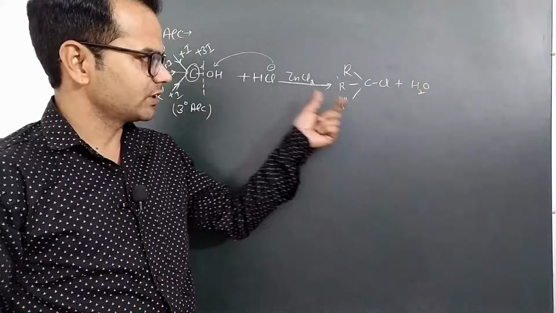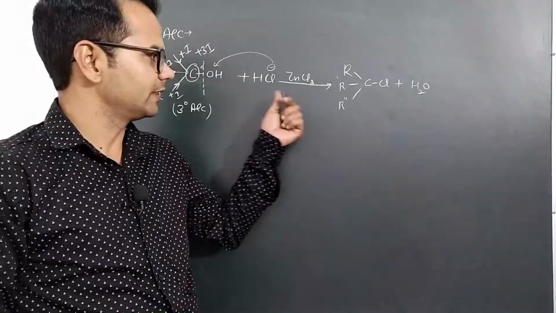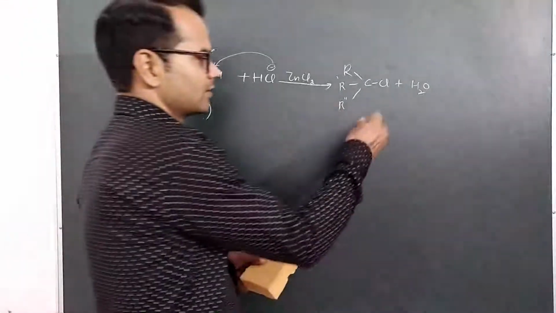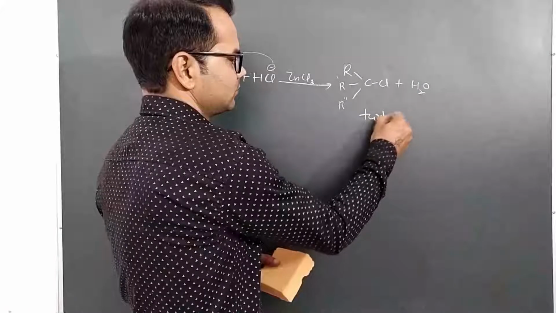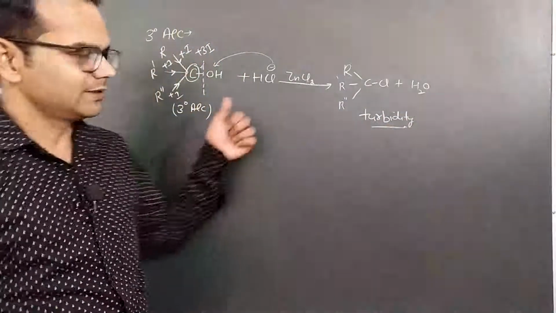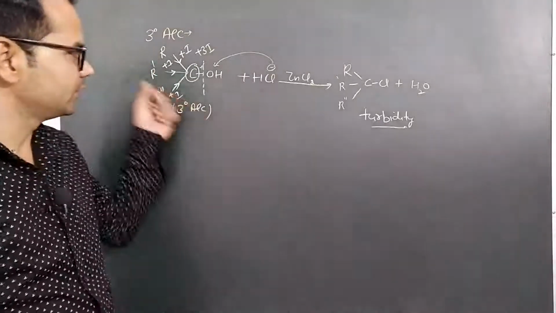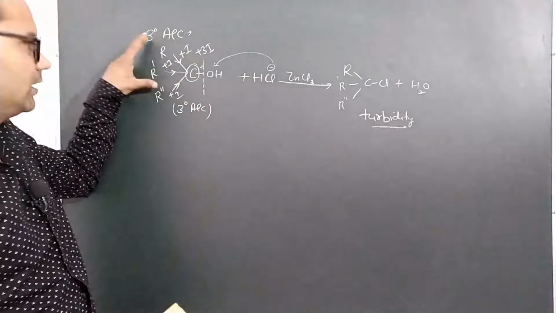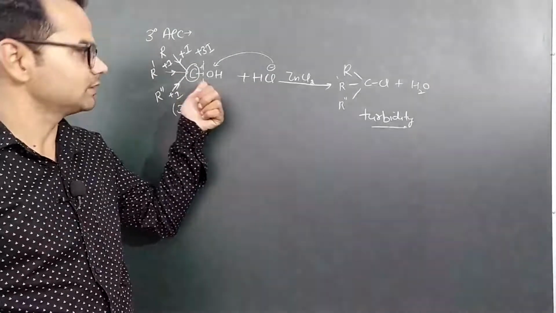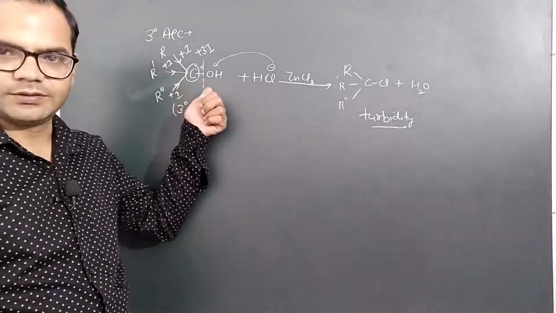So this reaction will take place at first. It will take place very easily, and it will show appearance of turbidity. So if you are not interested in the mechanism, then you can understand it with the inductive effect. These 3 alkyl groups favor the cleavage of this bond.